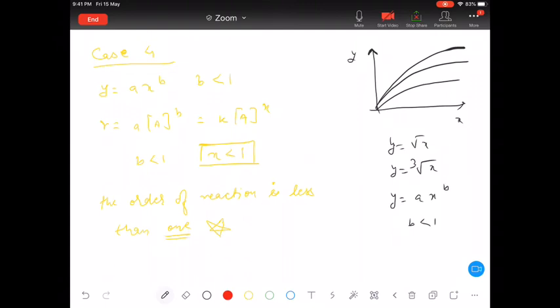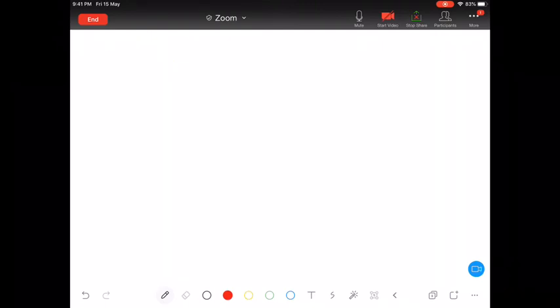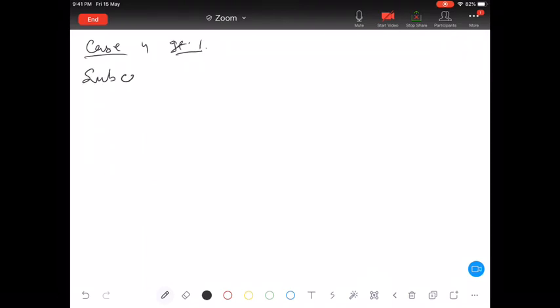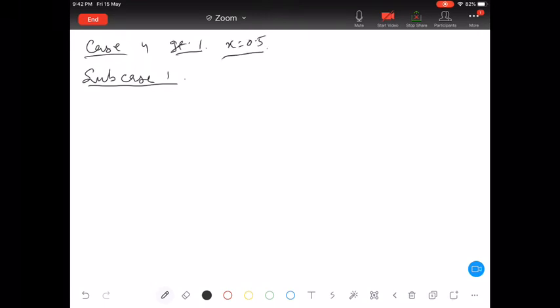For case 4 again, a number of subcases will be there, so I'll write here: case 4, iteration 1, first iteration, subcase 1. Iteration first means here I have assumed x to be 0.5. So let's make one curve for this one.